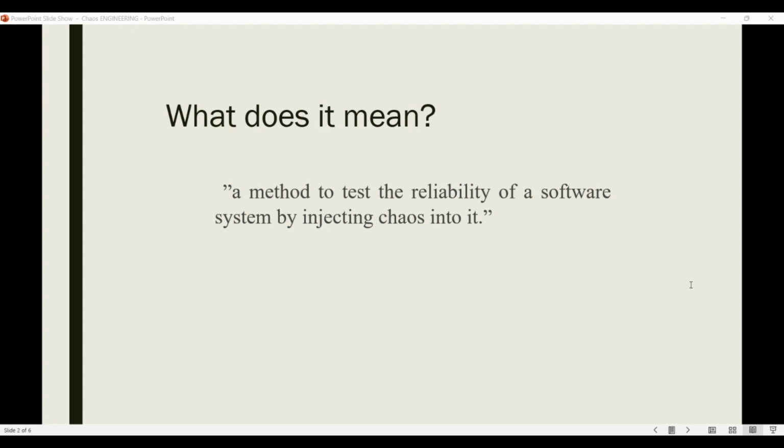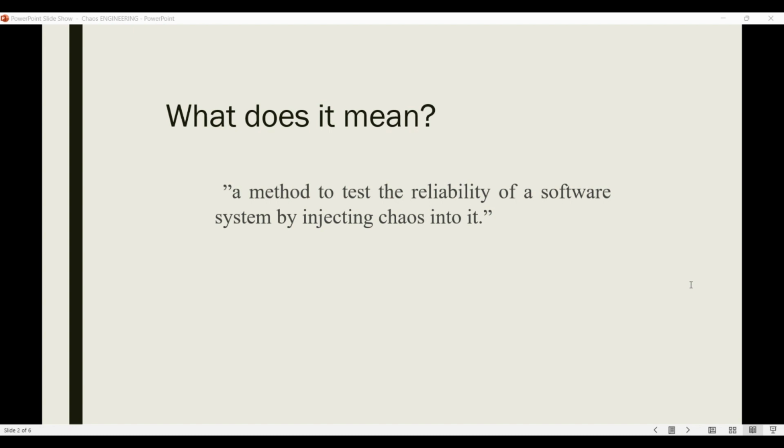One can say that it's a practice of deliberately introducing controlled failure or instability into a system to test its resilience and ability to recover, as the goal is to identify and address potential weaknesses in a system before they become catastrophic failures. Chaos engineering is typically used to test distributed systems, such as those used in cloud computing environments.